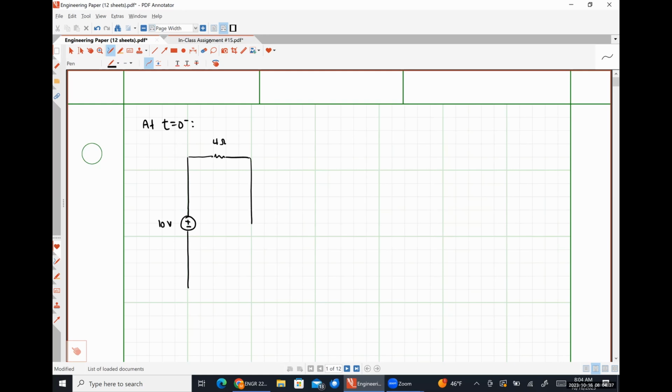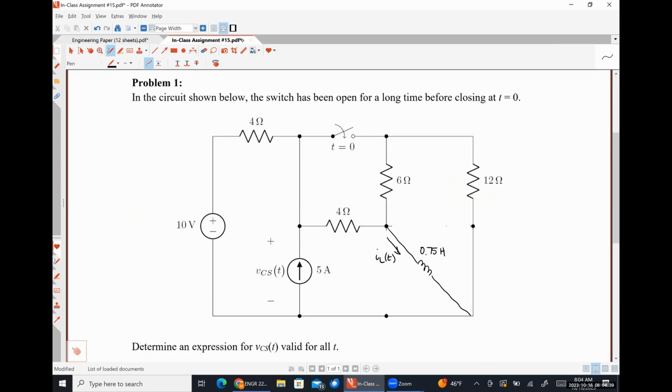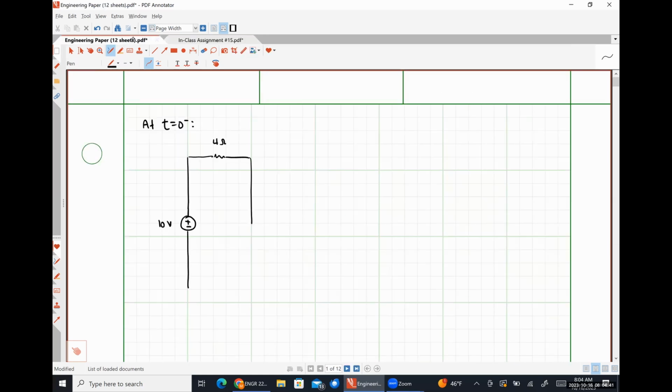I believe I have a short circuit here, 5 amp source direction up, over which we have the voltage VCS of t, which is our quantity that we are actually interested in.